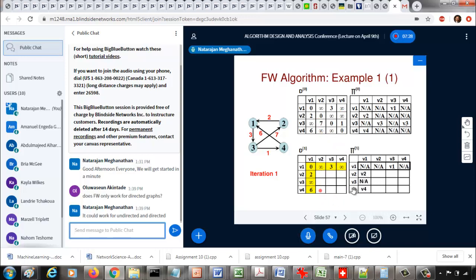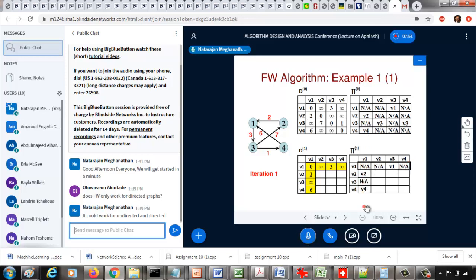Since this row and column corresponding to vertex 1 are not going to change in this iteration, the entries in the predecessor matrix corresponding to that row and column will also not change. So we can write down the entries for the column and row for vertex 1 as they are.